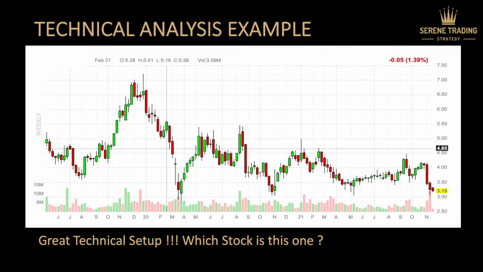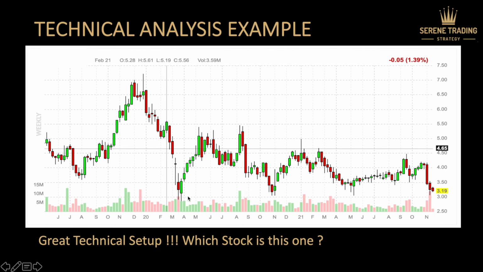Let's look at the technical analysis example. Now this is another company, and if you look at the chart here, this has a wonderful technical analysis setup. This is a weekly chart, so it's multiple years, multiple months, and you can see here that the price came all the way down. It touched this price level, and then it touched this price level again, and again.